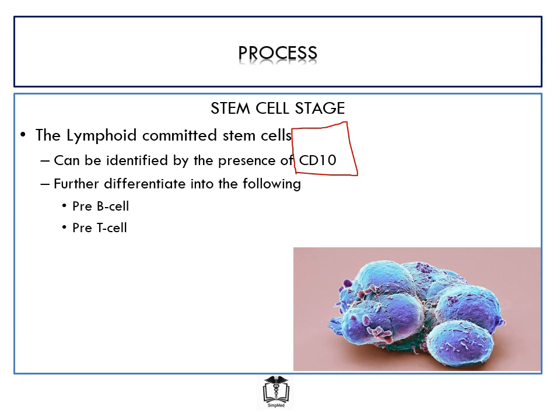It's found in all forms of lymphocyte committed stem cells, either B cell or T cells. So this is not going to serve as a form of distinction between the stem cells that will become B cells and stem cells that become T cells. Usually, both of them would have the CD10 marker on their cell membrane.